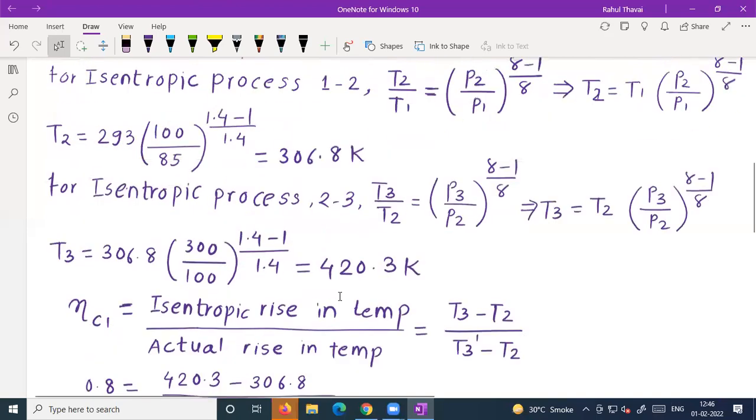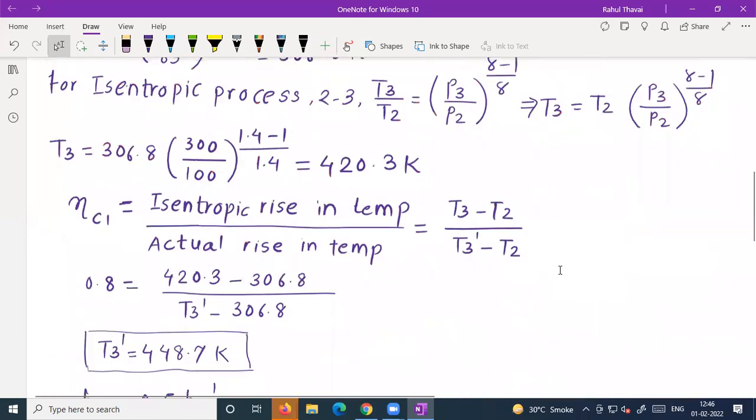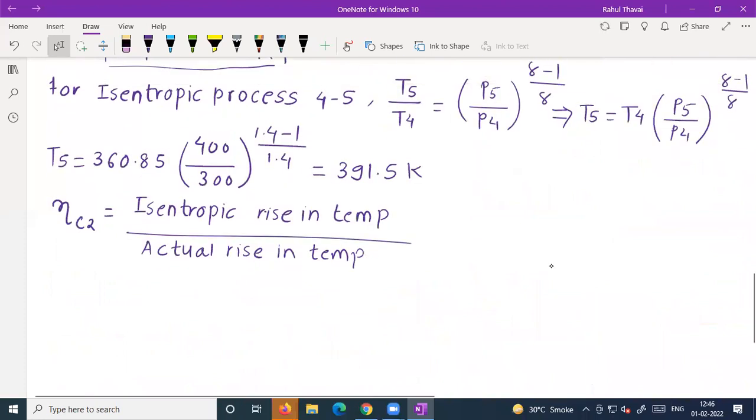It is T5 minus T4. And what is the actual? T5 dash minus T4.